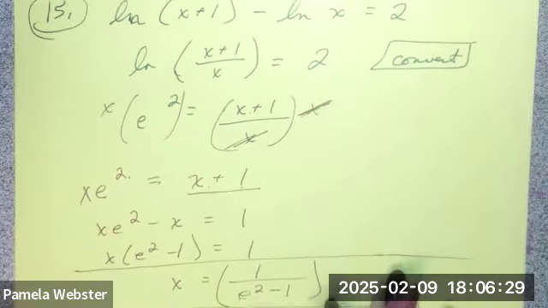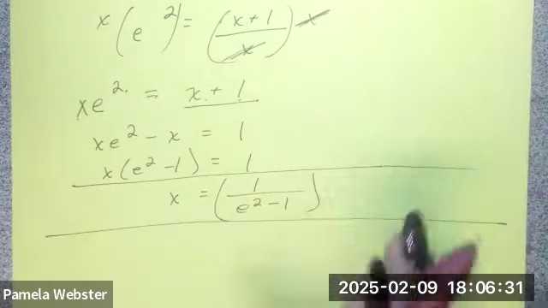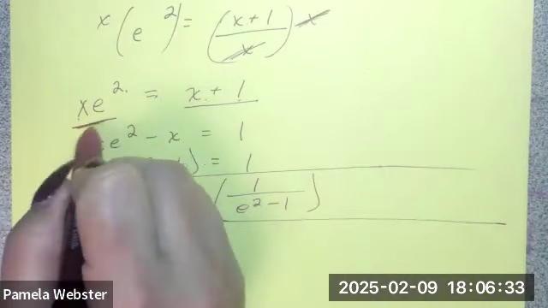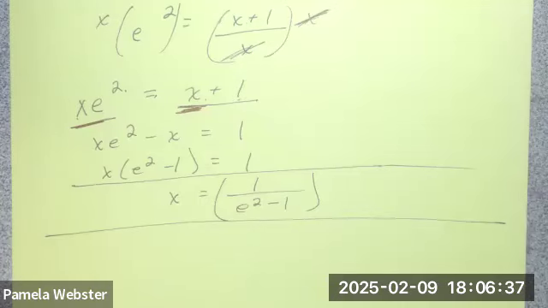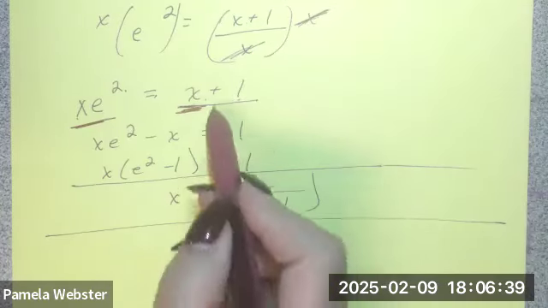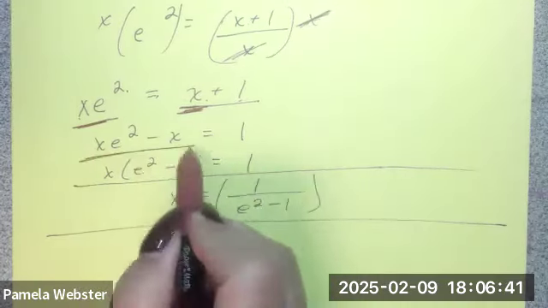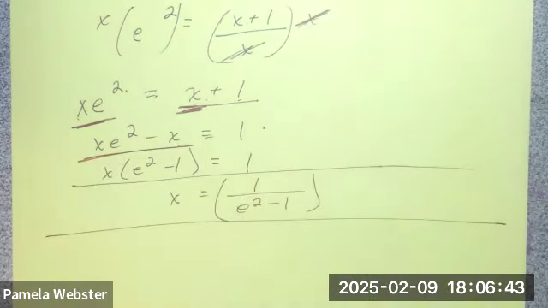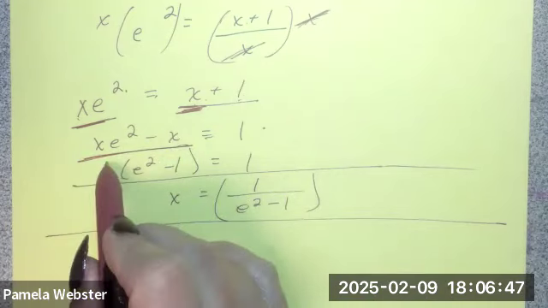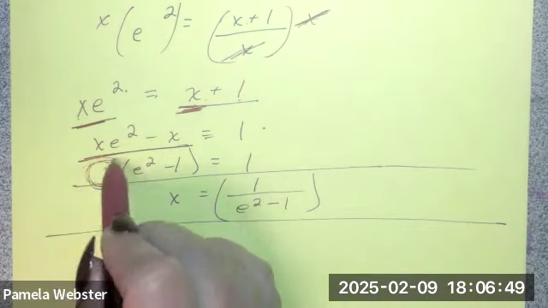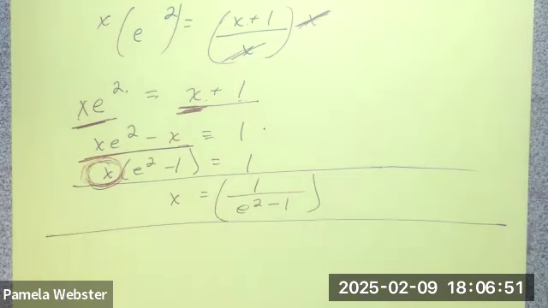Okay. Now I'm not liking the way this looks because I've got an x over here and I've got an x over here. And I just need to get those together on the same side. So I subtract the x over, equals 1. And now I say, I got x in two different terms. I need to factor that x out. So this is maybe a thought process to go through.